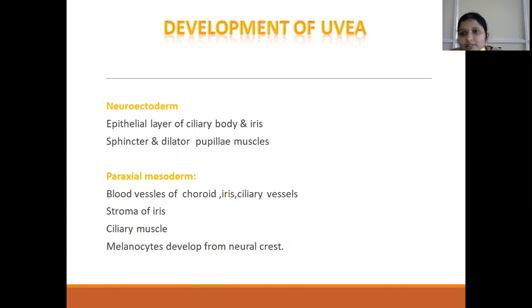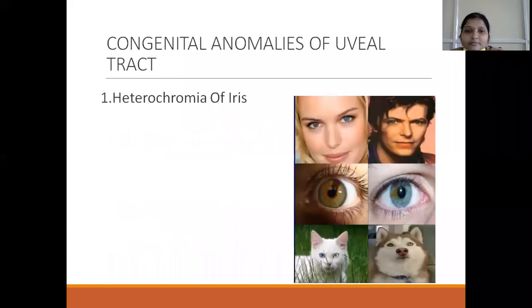But here it is important to remember that sphincter pupillae and dilator pupillae are derived from the neuroectoderm, as well as the epithelial layers of the ciliary body and iris. And the remaining structures, that is the blood vessels of the choroid, iris, ciliary vessels, stroma of the iris, ciliary muscle, and melanocytes, all these are derived from the paraaxial mesoderm. Melanocytes are developed from the neural crest.